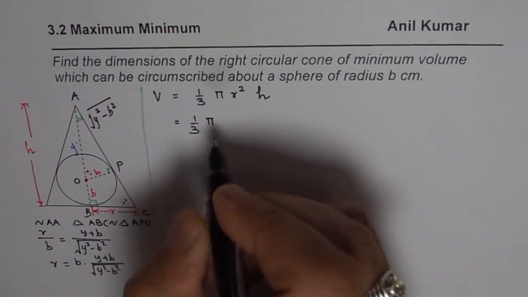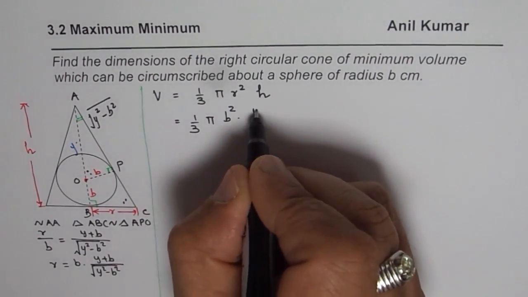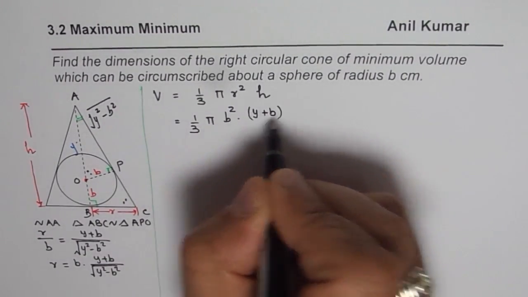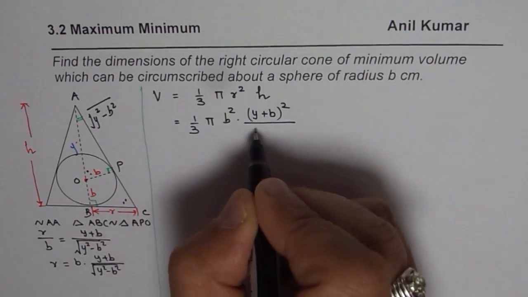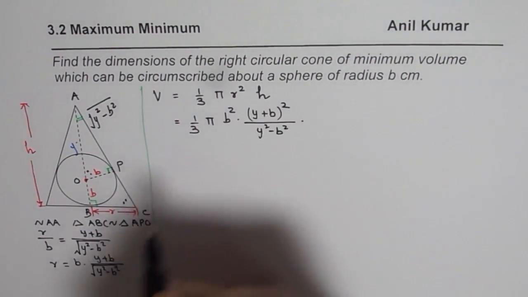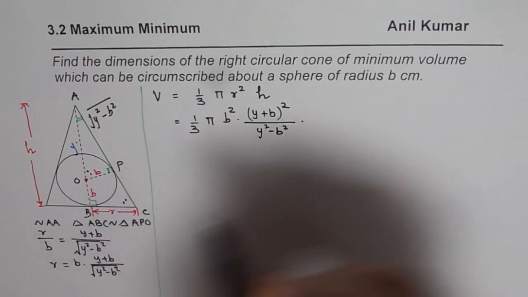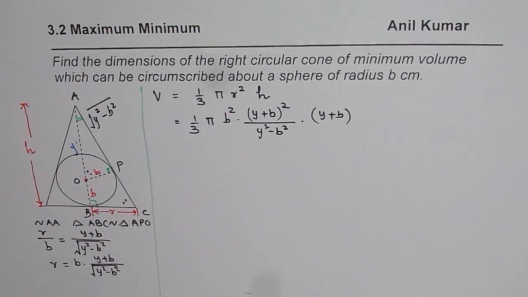So the square of this will be b square times y plus b whole square divided by y square minus b square, times height. Height is y plus b, right? So that is what we get as an expression for volume.